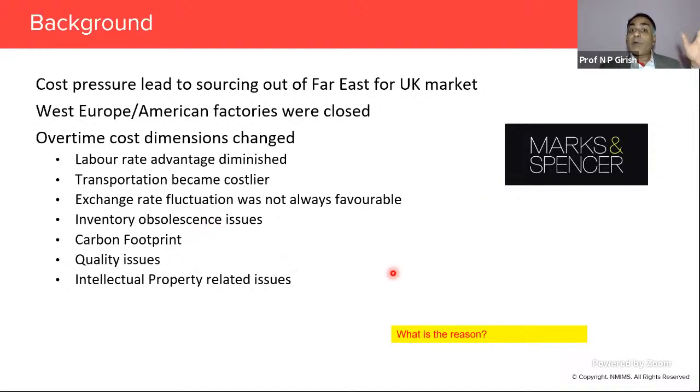People were asking for carbon neutral products, and Marks and Spencer plays in the premium market as well. Catering to the requirement of carbon neutral products becomes quite a challenge when goods have to travel a long way from China to the European or US market.